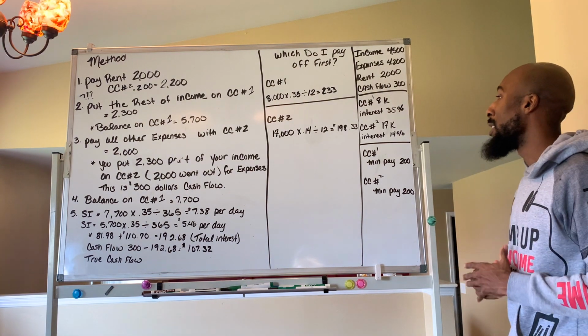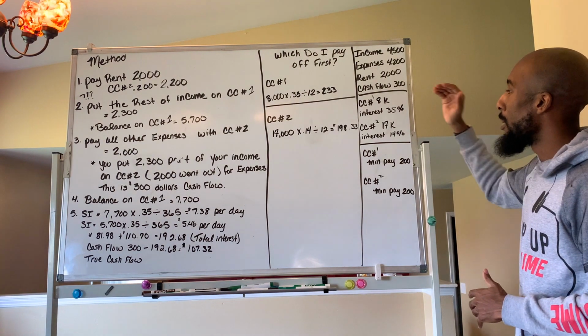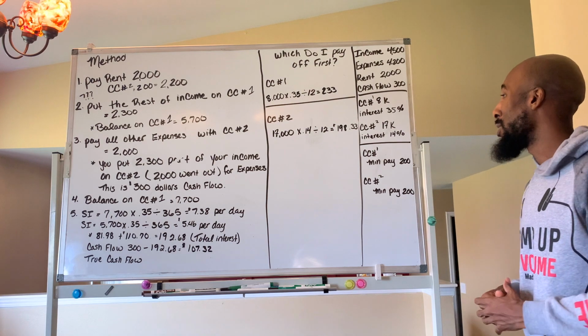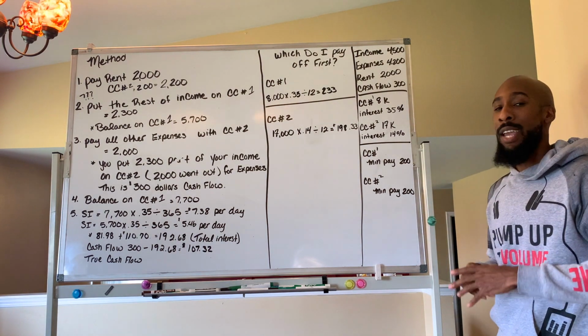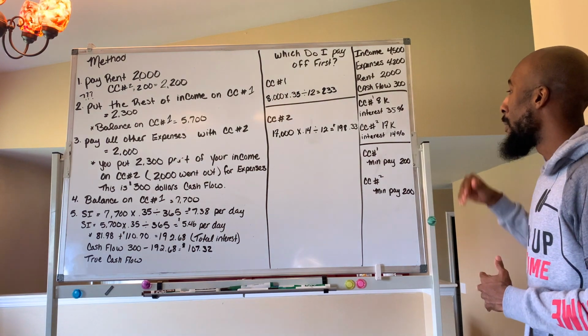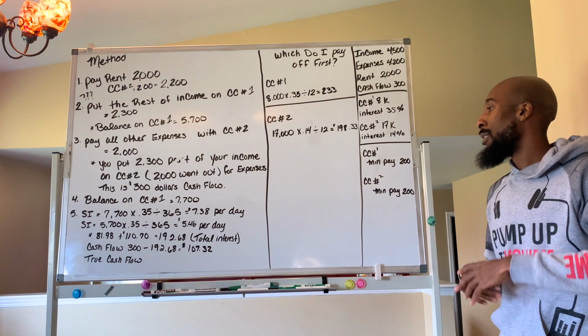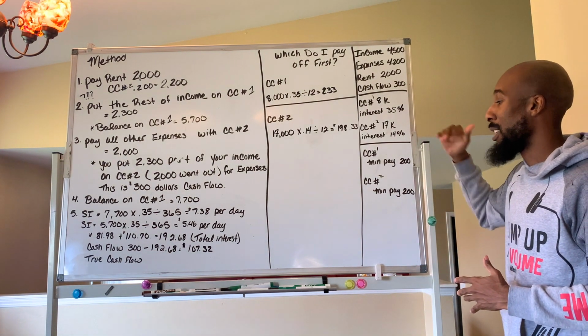Now, what's particularly different is the credit cards. Credit card number one has an $8,000 balance and an interest rate of 35%, astronomical here. Credit card number two has a balance of $17,000, pretty much double the debt, but an interest rate of only 14%.